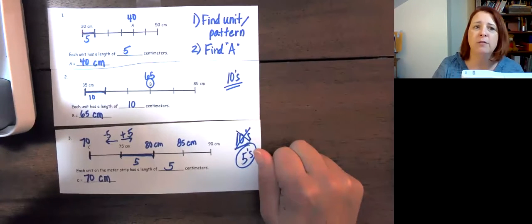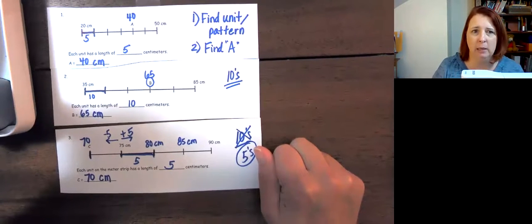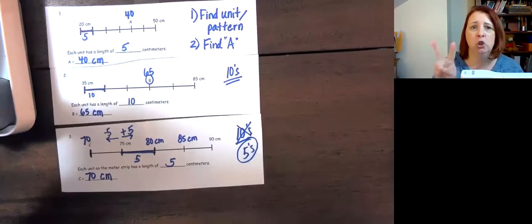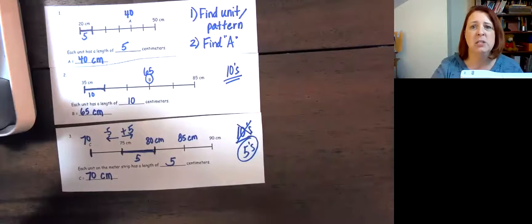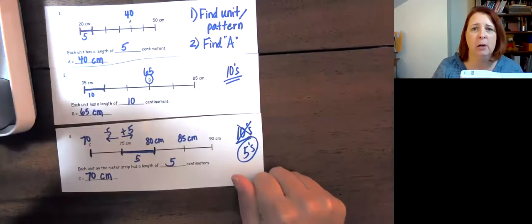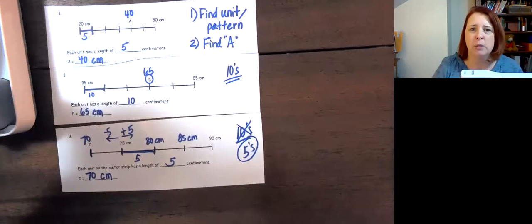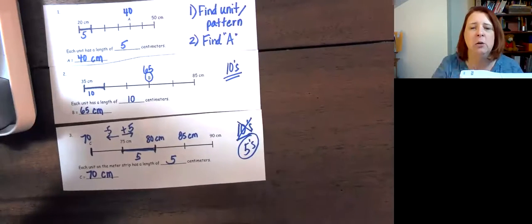So again, we're finding the unknown measurement on a number line that is showing us two numbers that we know. So again, the first thing that we're going to do is find the unit or the pattern. What's the pattern between the two numbers? How much is each unit or interval?